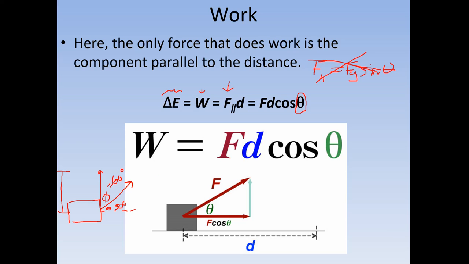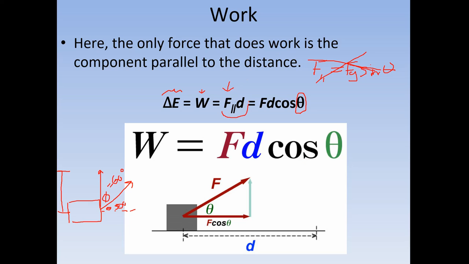Now this leads us into basically two choices when we do work. We can either find the components of the forces, so make all the forces into parts that are either perpendicular or parallel to the displacement, either in the vertical direction or the horizontal direction, and then choose the specific force that's acting in the direction of displacement, or parallel to displacement.